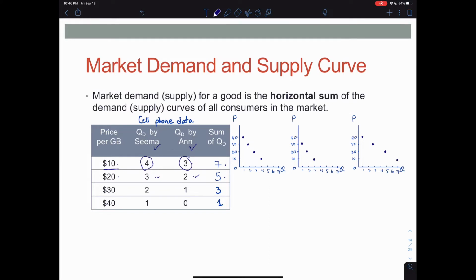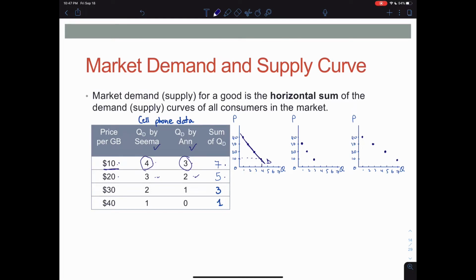And graphically, what this looks like is we can plot Sema's demand curve. So this is an approximation of Sema's demand for cell phone data. All I'm doing here is saying, okay, at $10, she demands 4. So at $10, I'm doing this, and then I'm plotting the remaining points and drawing a straight line through the points.